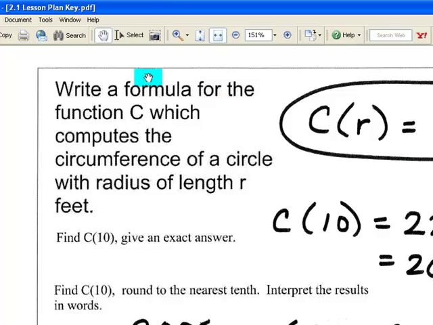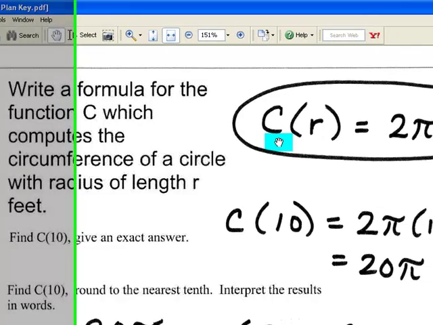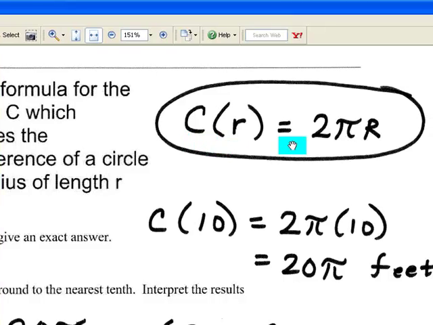But the directions here said write a formula which represents a function. So instead of just saying C equals 2 pi r, notice what I wrote: C of r is equal to 2 pi r. And this actually should be a capital R because these are both the same r. So C of capital R is equal to 2 pi R is my formula.